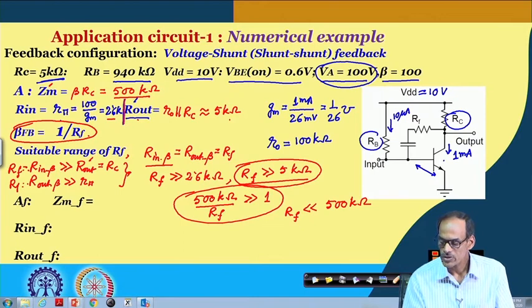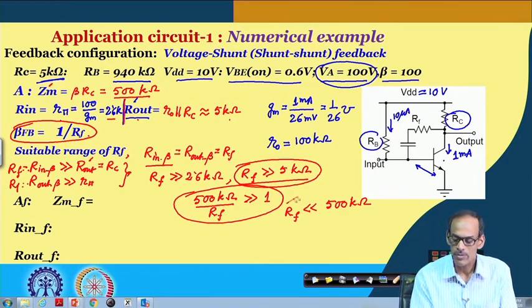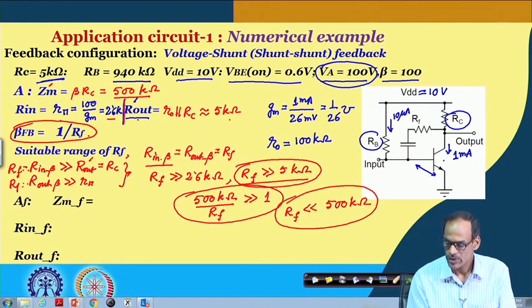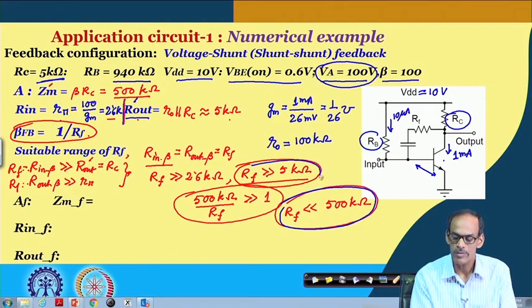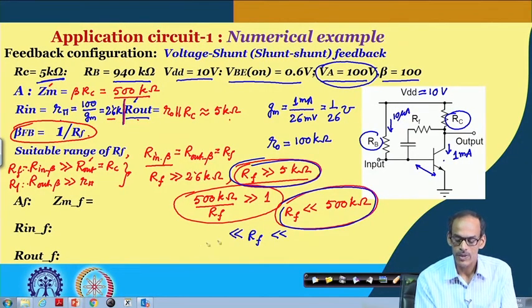So, by combining these two limits, the upper limit and the lower limit, we can say that RF has a meaningful range, and its lower limit is 5 k, upper limit is 500 k.